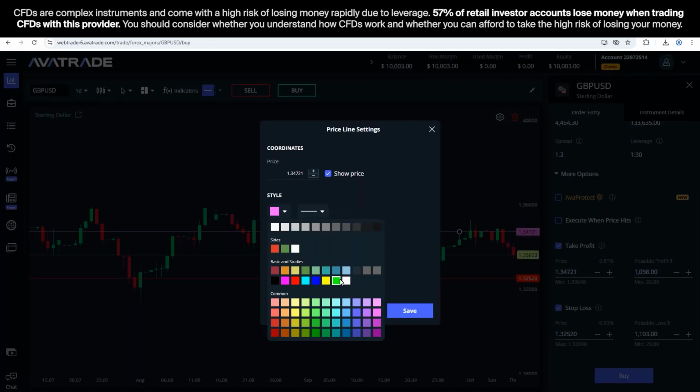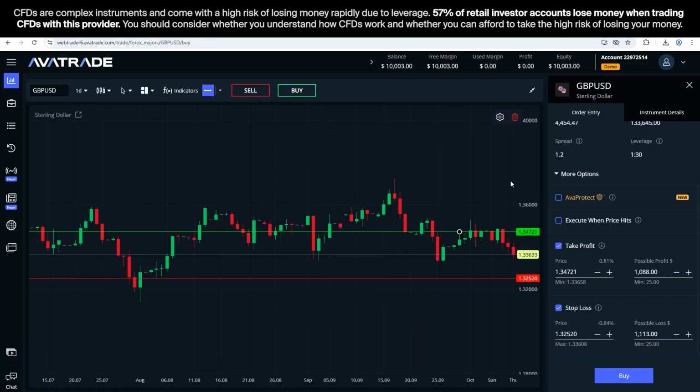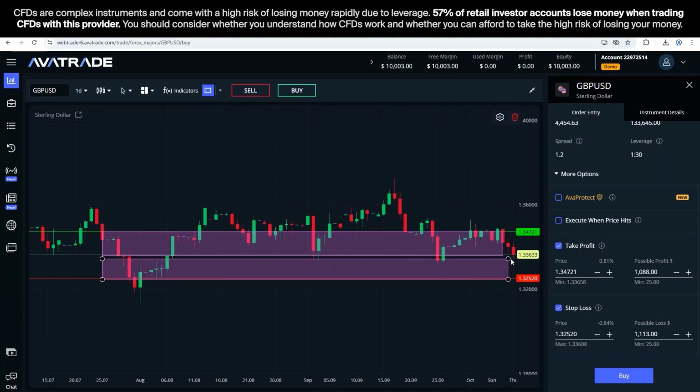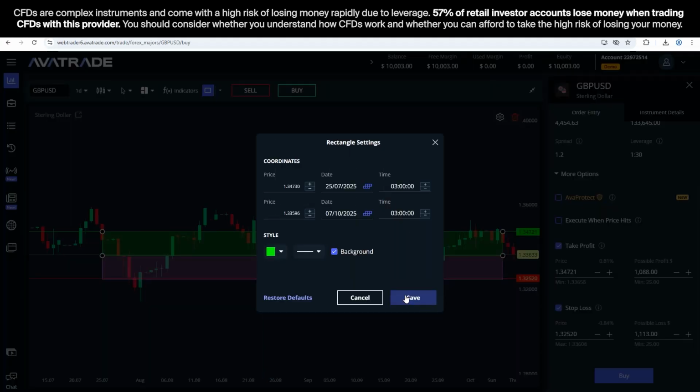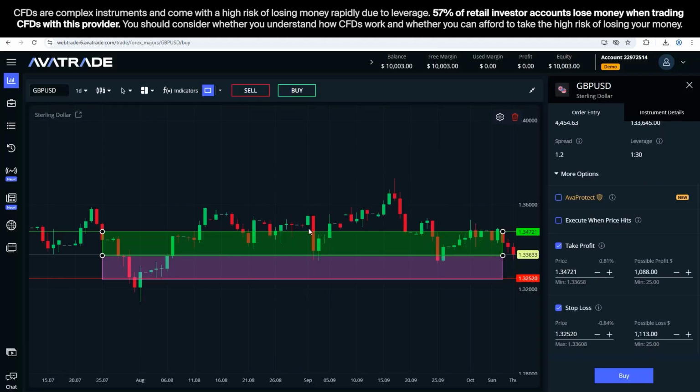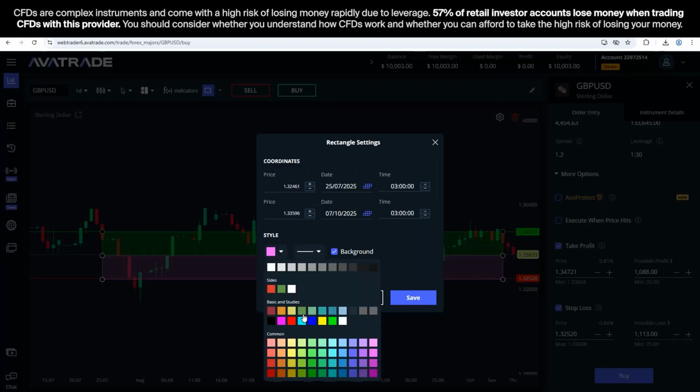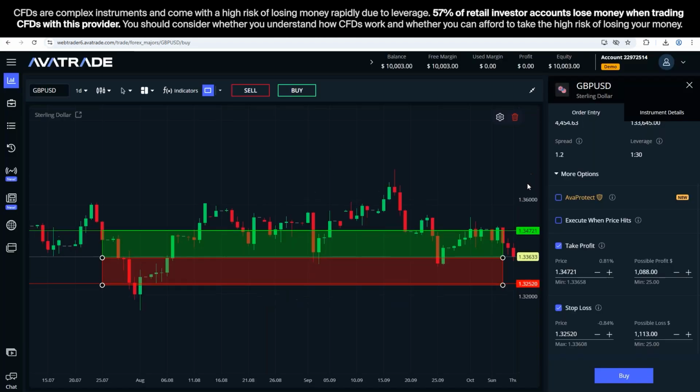Of course, anything that I'm doing right now, guys, are not things that you need to do on your end. I'm simply doing this to help emphasize the scenario here, just to show you. Of course, if you want, you can, but it's not obligatory in any way. So this is going to go green. This will be our profit area. This will be red. This will be our loss area.